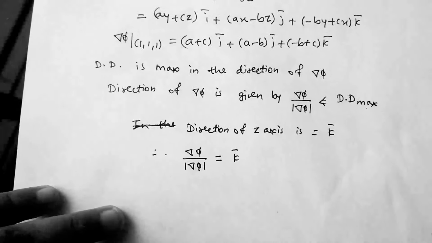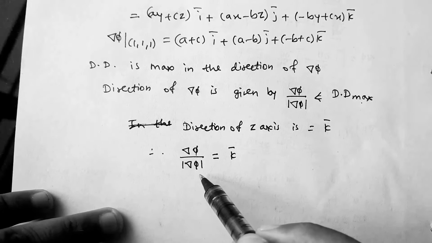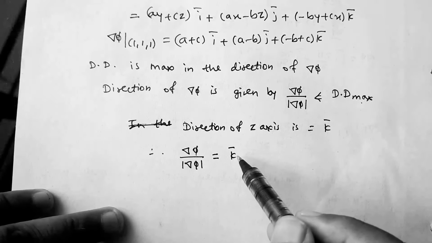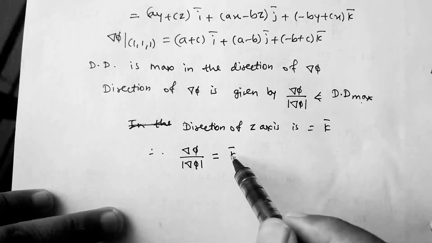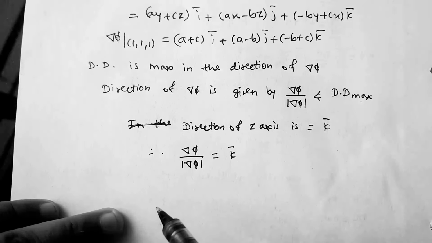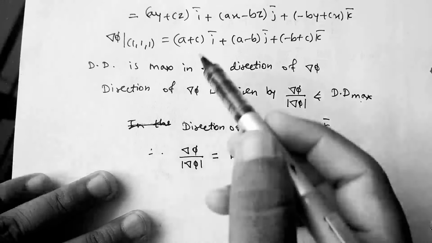That means the directional derivative is maximum in the direction of del phi upon mod of del phi according to the concept, and according to the example, the directional derivative is maximum in the direction of the z axis, that is along k bar. So both directions must be the same, so we can write the equal sign. Now we have already calculated the value of del phi.